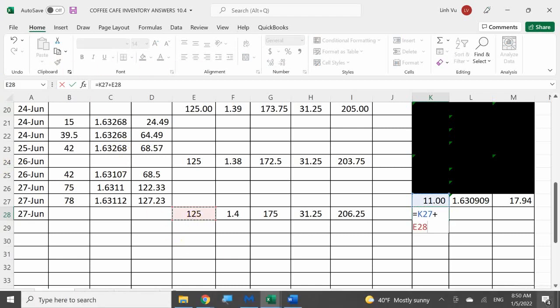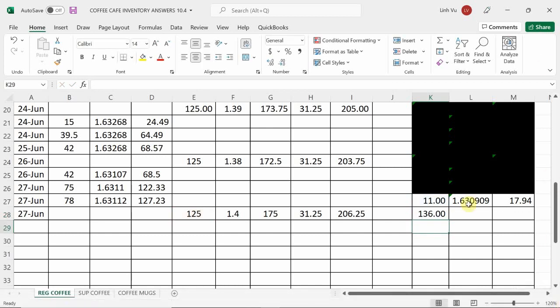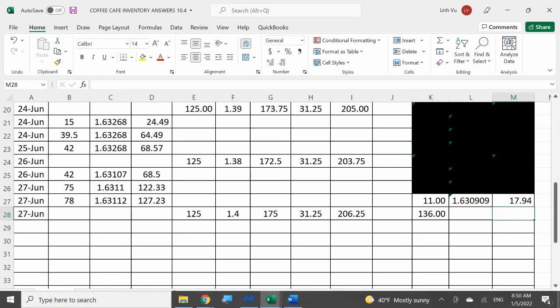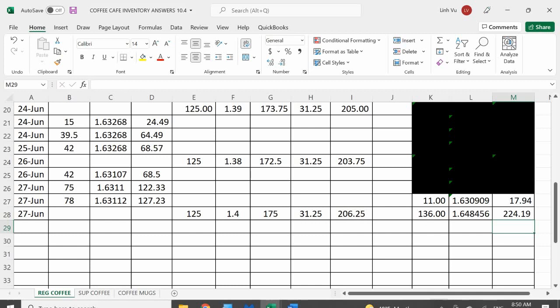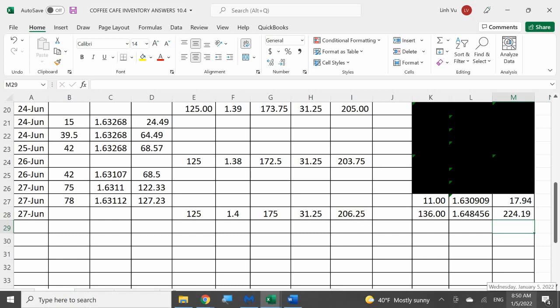Okay. I should have 136 pounds of coffee at a grand total of the 224.19, which in this case increased my average cost per item by a penny.